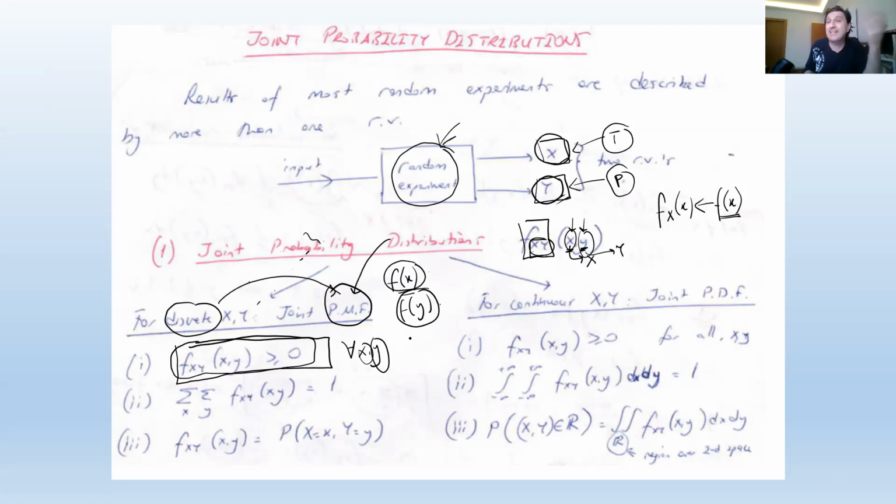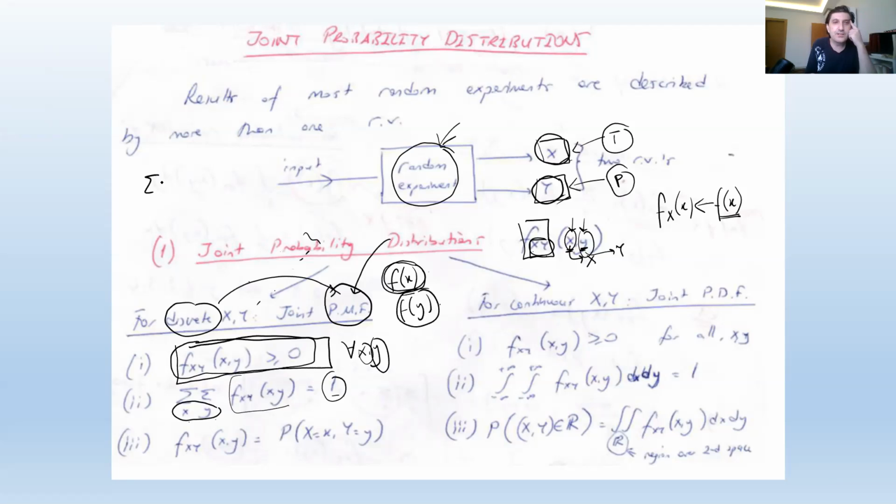Otherwise, it's going to be 0, but it cannot be negative. As I said previously, because in the two variables case it's the same thing, probability mass function, mass cannot be negative. So just like for the one-dimensional marginal probability mass function case, the summation, but this time over all X and Y values, should be equal to 1. So over the support of X and Y, when you sum the probability mass function values, it's going to be 1.